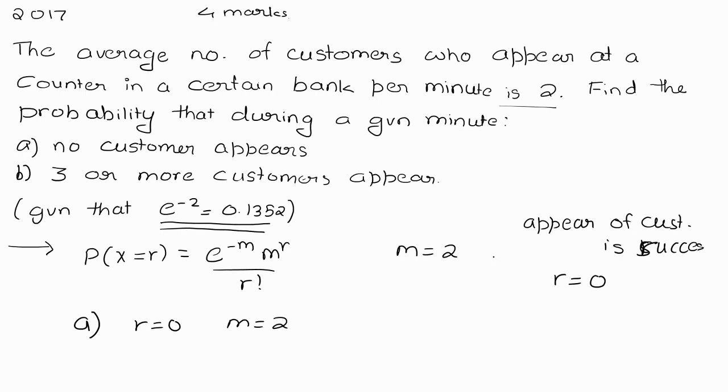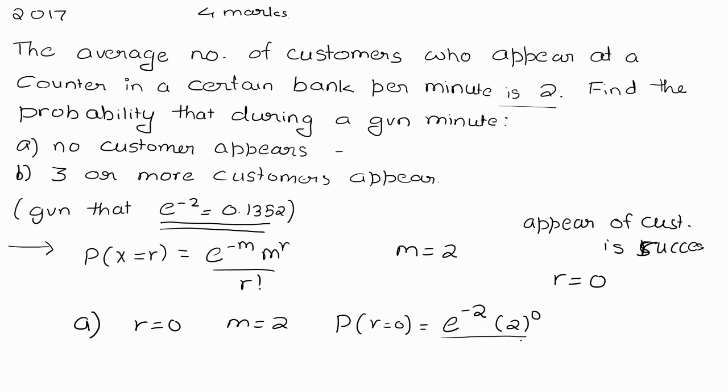Okay, no customer appearing means the same as 0 customers appearing. Therefore 0 number of successes. So my probability of r equals 0 will be e raised to minus m, m is 2, therefore e raised to minus 2, m is 2 raised to 0 now.